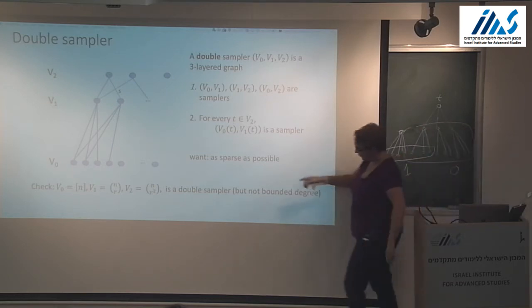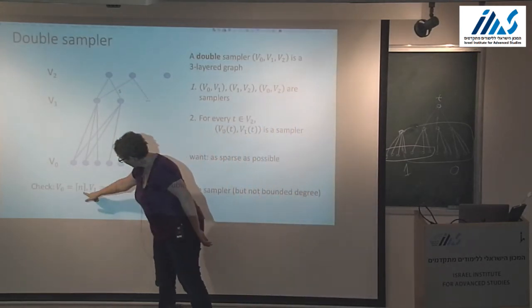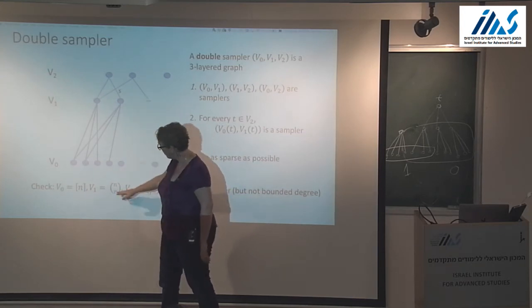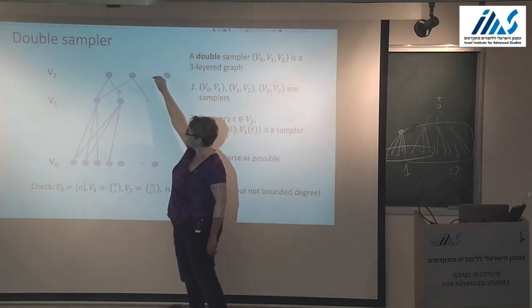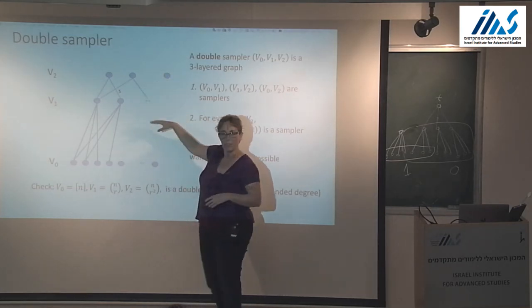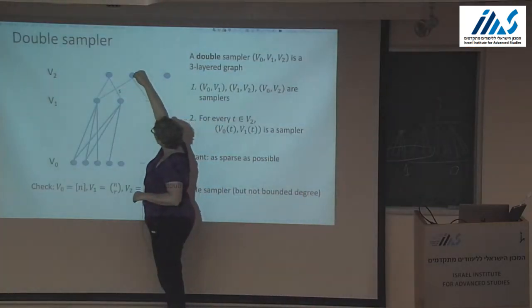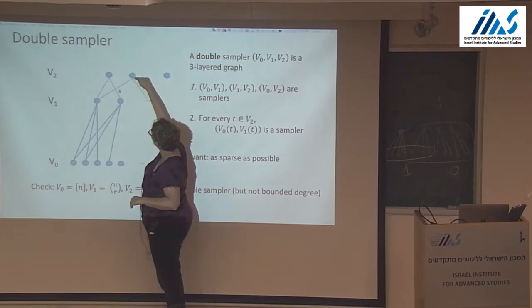Okay, but just to get intuition that such a thing exists, if you take n vertices at the bottom and choose r vertices at this level, all possible n choose r, and all possible n choose r squared up here, then actually you get a double sampler. Because look, what is the neighborhood of some specific guy here? Some specific guy here is a set of size r squared.